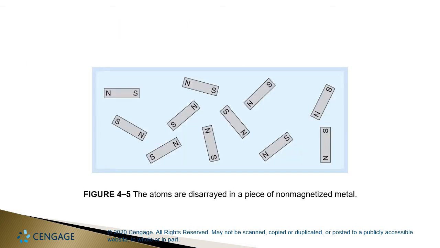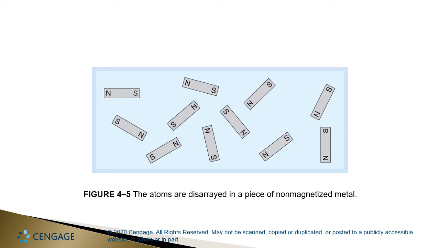So how is this accomplished? Well, if you look at a random piece of material, you will see that atoms are essentially disorganized, right? They're aligned in all different ways. And of course, this is a 2D representation. The fact is, in a 3D representation, they're essentially going to be all over in all different directions in three different directions as well.